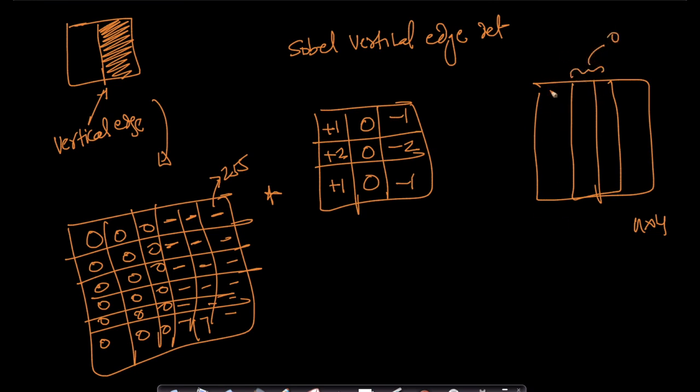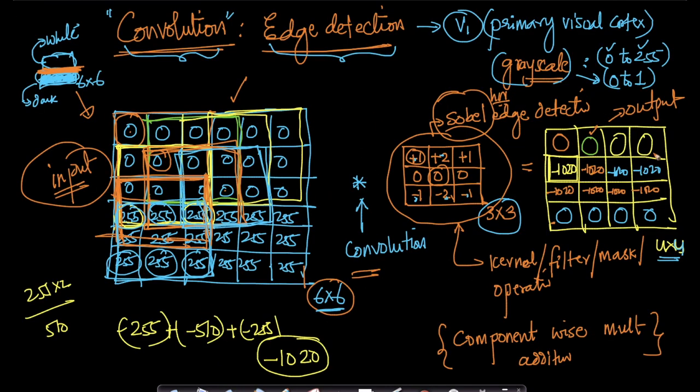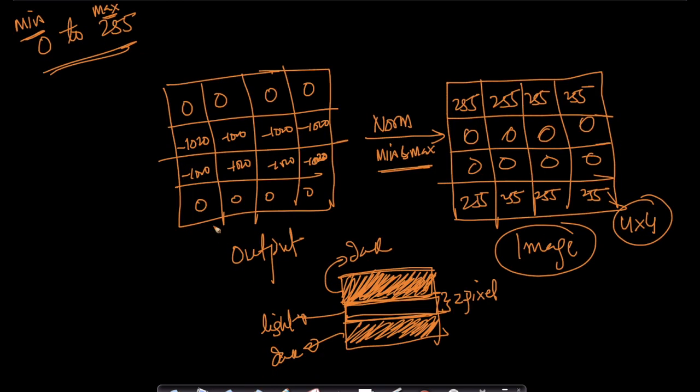Everywhere else, you'll get dark regions, and you'll get a 2 pixels wide light region. Exactly the way we have done. What we have done here: first you convolve, you'll get a bunch of values, and then you normalize using min and max. Here we got a horizontal edge of white pixels.